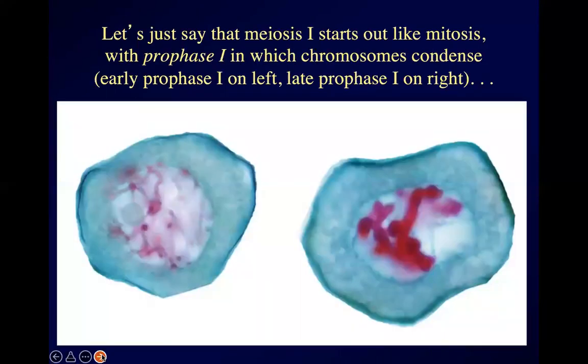So meiosis 1 starts out looking like mitosis. These, by the way, are pictures of cells undergoing meiosis in the anther of a lily flower. These are going to become parts of pollen grains.